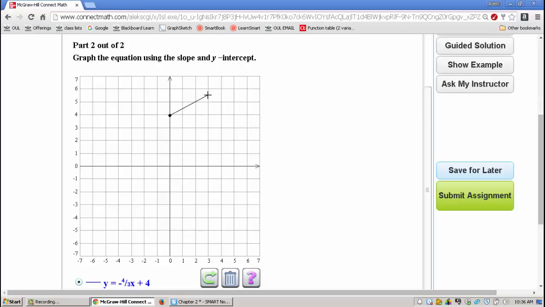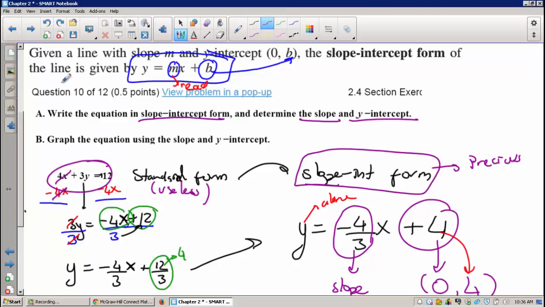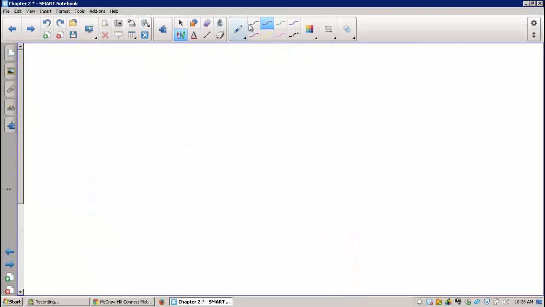Now which way are we gonna move? Its slope is gonna tell you which way. We are going down because negative 4/3 is the slope, right? But how can I make negative 4/3 slope? Maybe we should investigate on this. If you have a negative slope, it's going down.